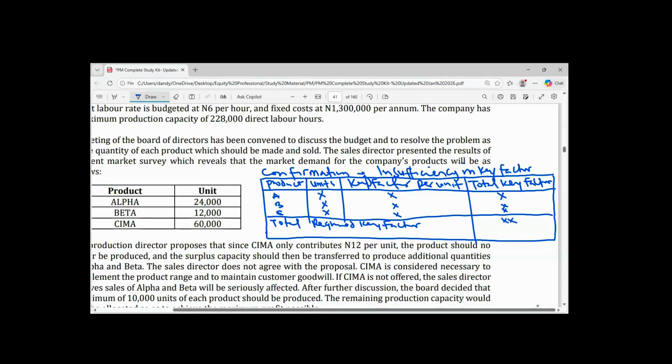Okay, then you less total available key factor. Whatever you have thereafter will then represent either a shortfall or a surplus.